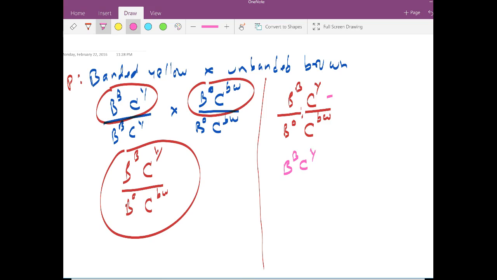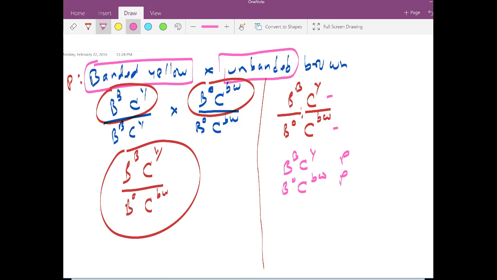We can get these together. We can get these together. Now these are our parentals. We know they are parentals because we know that's how we started out. We know where the crosses started, so that tells us what the parents are.